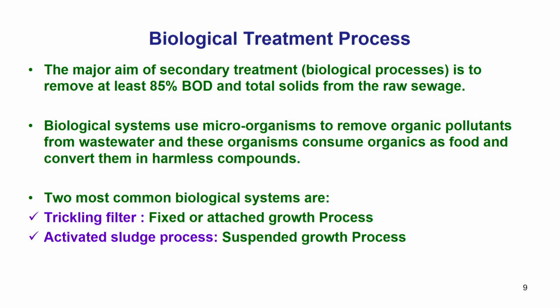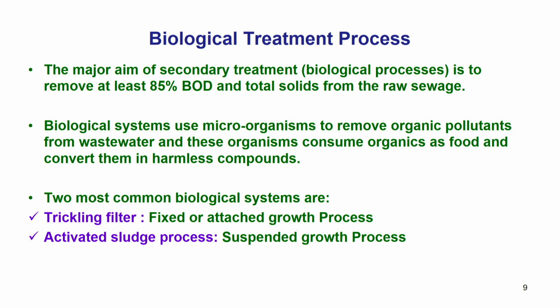In addition to these processes, nowadays we have RBC systems, the rotary biological contactor system. Again there are discs on which a fixed film is developed, and these are rotating biological discs.